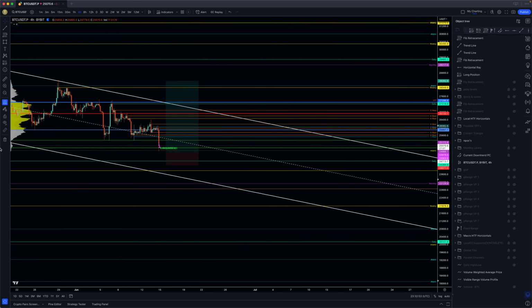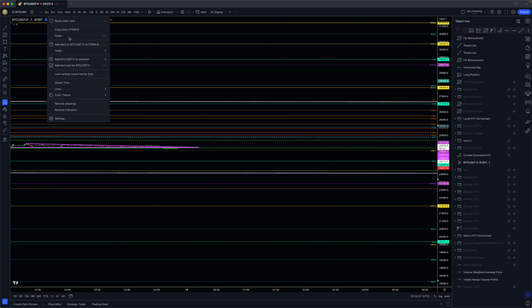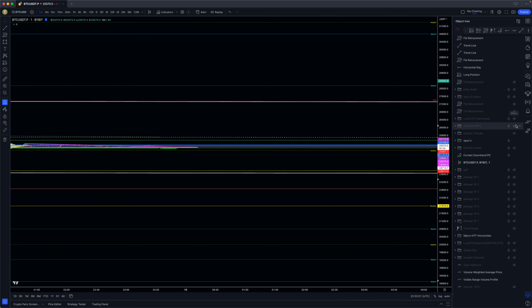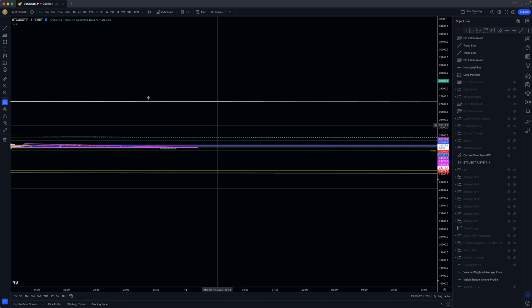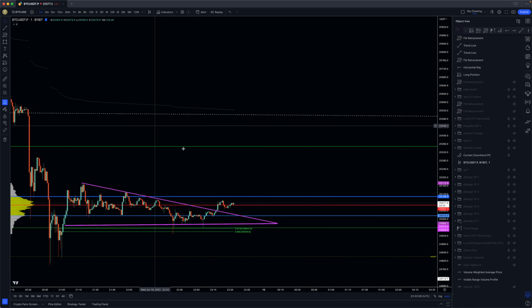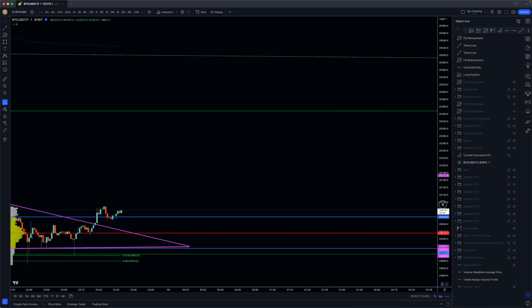So we had this triangle right here on the low. If we look at the 3-minute chart right here, we can get rid of some of these lines to see a lot easier. We formed this constricting triangle here.